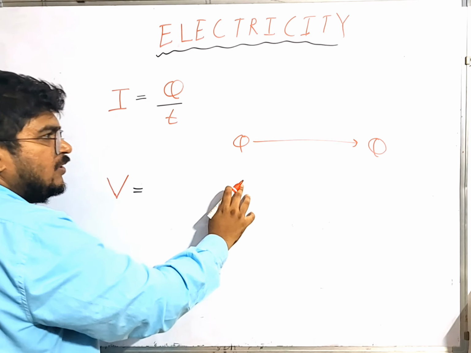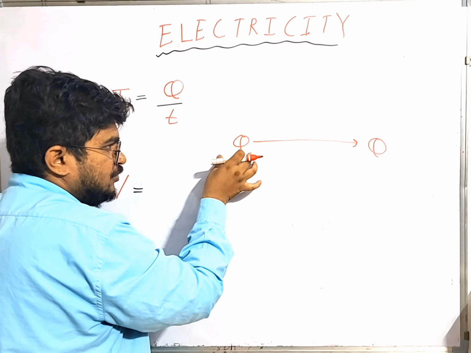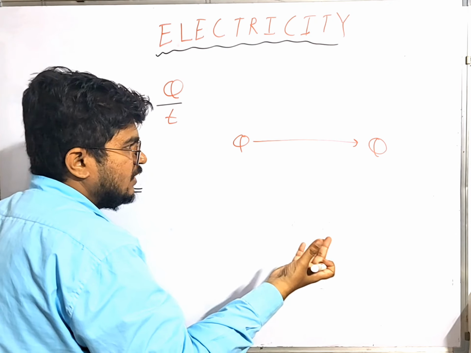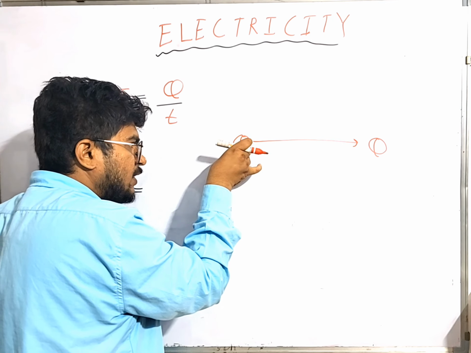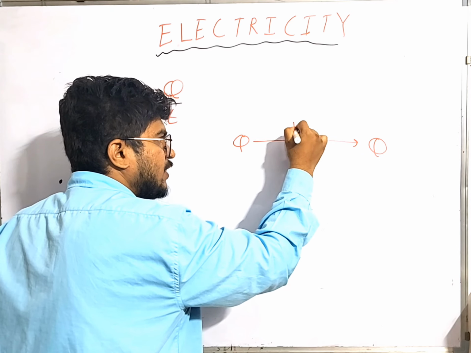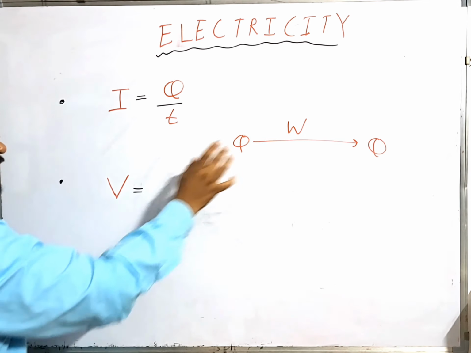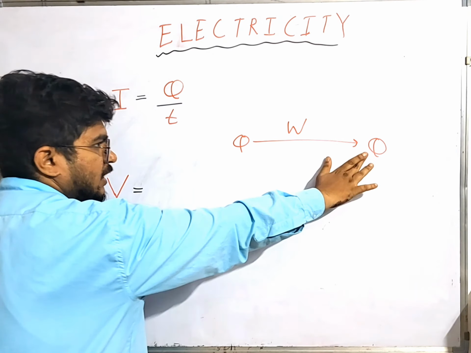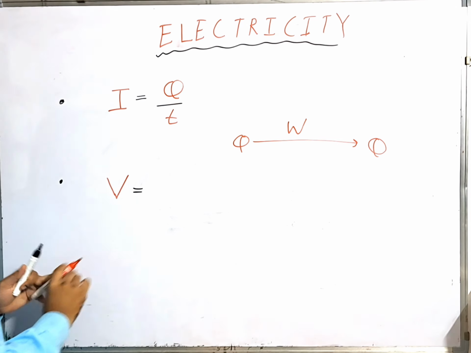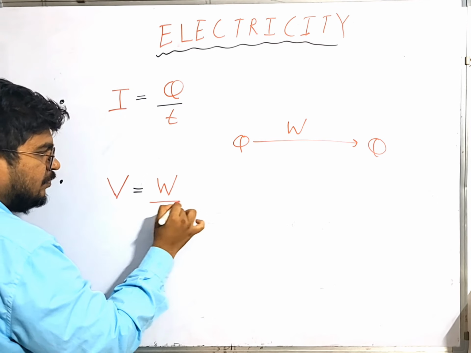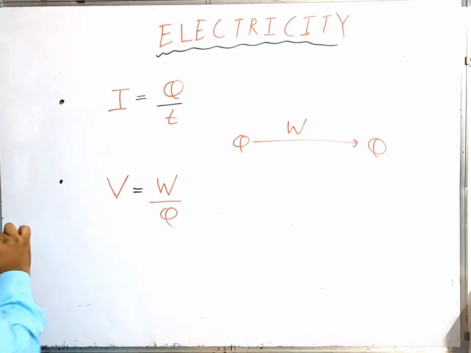As you know, whenever any object is moved from one position to another position, we say that work is done. So work done in moving the charge from one position to another position is potential difference. So potential difference is equal to work done per unit charge.